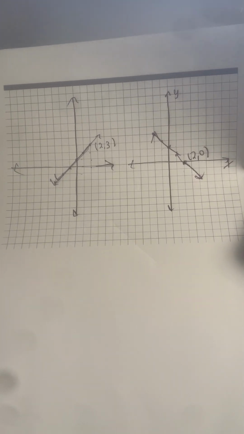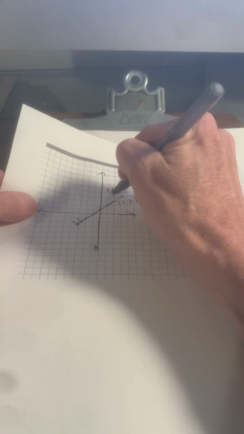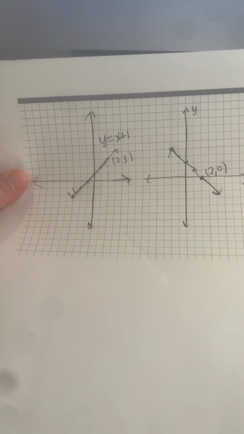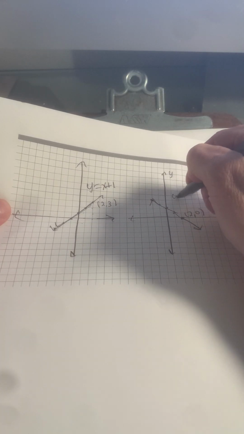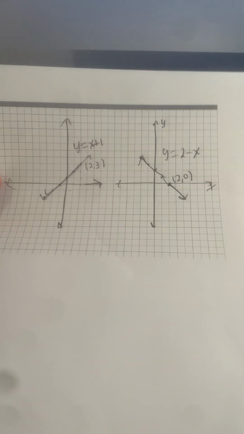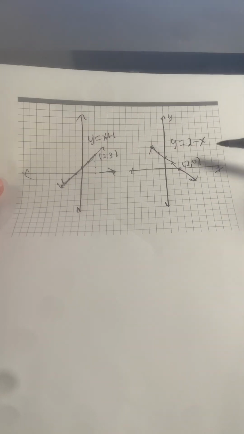y equals x plus 1 is given by this graph, and y equals 2 minus x is given by the second graph. Now we're going to put them together at x equals 2. Now you realize there's going to be a jump, and y can only be one thing at a time.